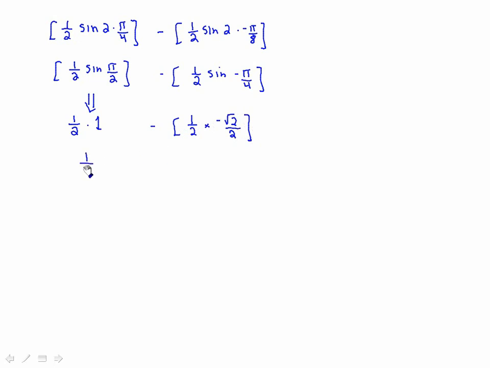So we get 1/2 minus negative root 2 over 4. So 1/2 plus root 2 over 4 will give you, with a common denominator of 4, 2 over 4 plus root 2 over 4. So it works out pretty nicely.